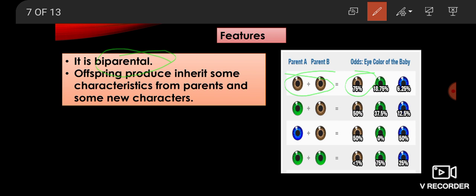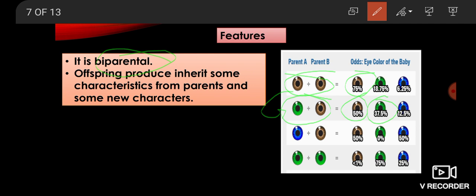But if we move to the second case, where one parent has green color eyes and another parent has brown eyes, then there is a 50% chance that the offspring has brown color, and 38 to 40% chances that the offspring has green color. So this is only an example, dear students.